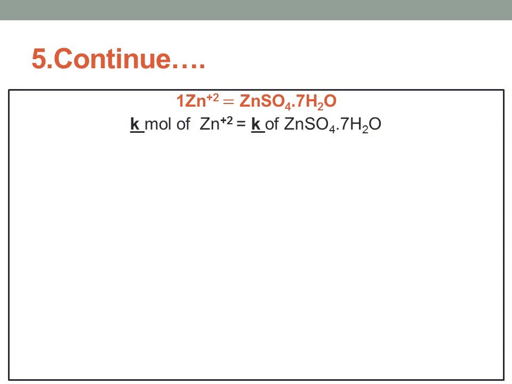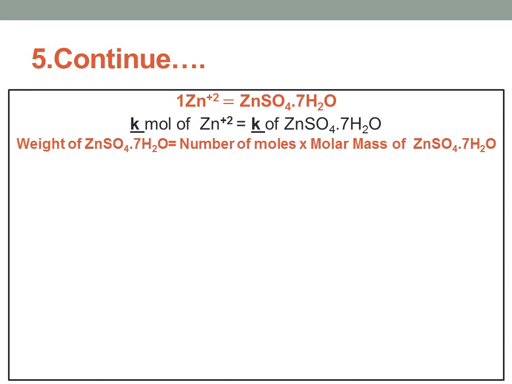So K mole of zinc जो कि अभी प्रोड्यूस हम हुए हैं, जो कि हमने कैलकुलेट करके फाइंड आउट किए हैं, K mole of zinc plus 2 per 760 nanoliter will be equal to K mole of zinc sulfate heptahydrate. Weight of zinc sulfate can be found out with that of number of moles into molar mass of zinc sulfate heptahydrate.